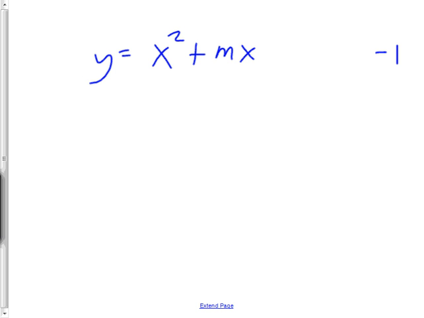Okay, for those that are stuck, here's some help. First thing, m, I'm supposed to do half of m, then square it. Half of m is a half of m, or an m over 2. Either way works. But then don't forget to square it. And here's the really common screw up. Do you get why that is wrong?